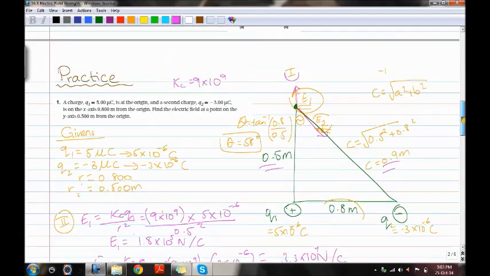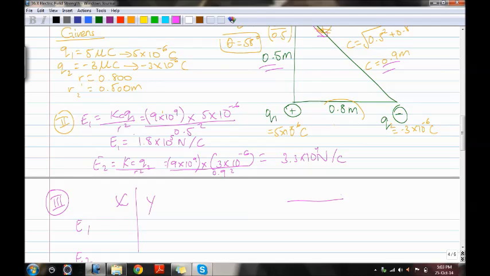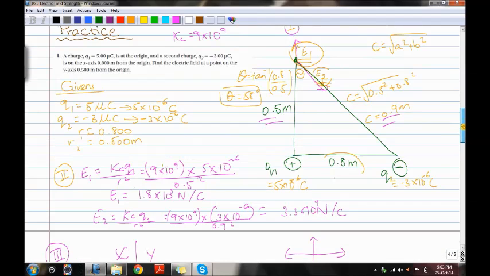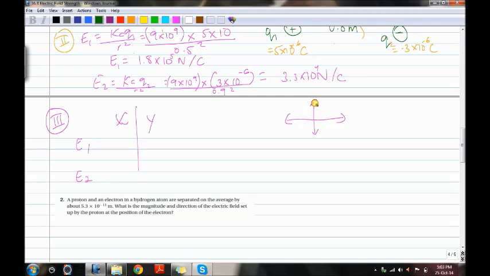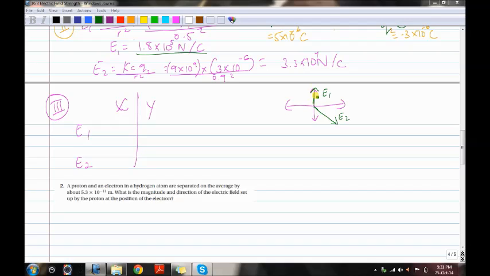So now let's put it on the x and y axis to make it easier and to understand it better. So this is the E1 and this is the E2. Now let's find the x and y components for both E1 and E2.